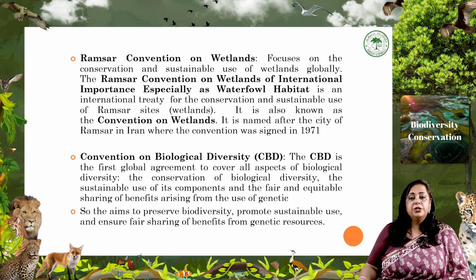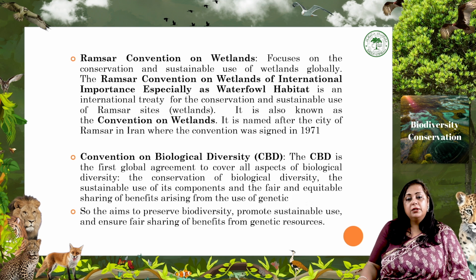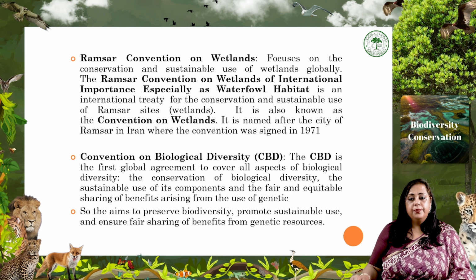Focusing on the conservation and sustainable use of wetlands globally, the Ramsar Convention on Wetlands of International Importance, especially as Waterfowl Habitat, is an international treaty for the conservation and sustainable use of Ramsar sites, that is, the wetlands. It is also known as the Convention on Wetlands. It is named after the city of Ramsar in Iran, where the convention was signed in 1971.